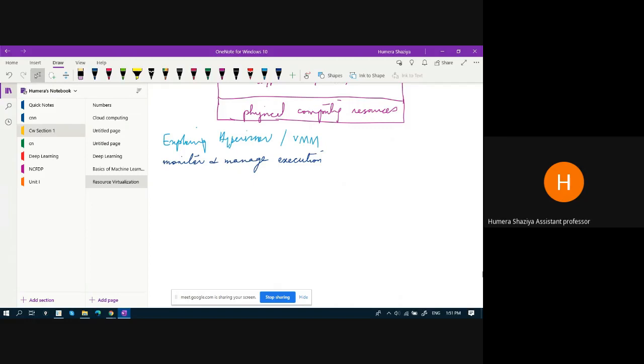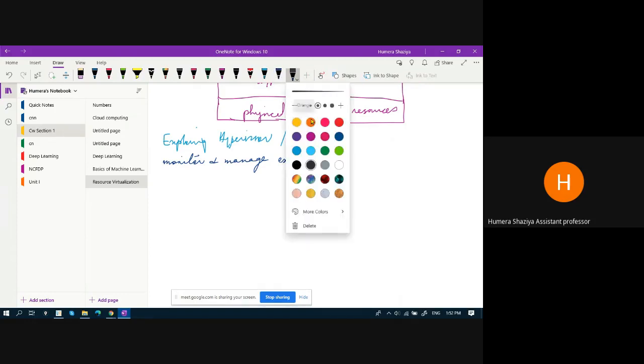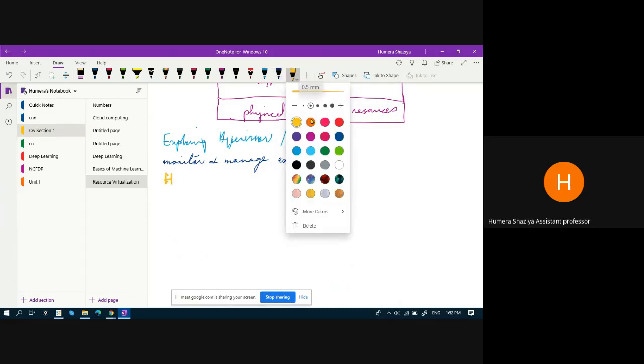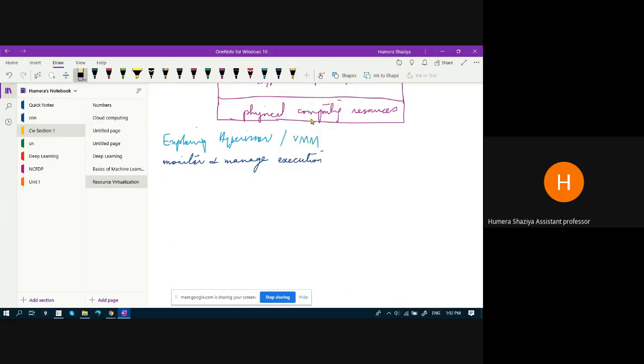So hypervisor based virtualization approaches are divided into three categories.